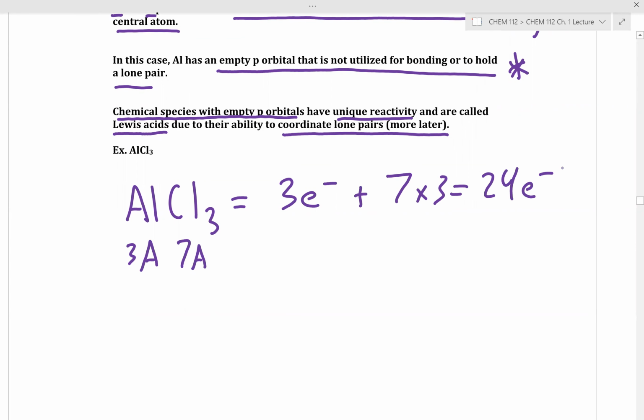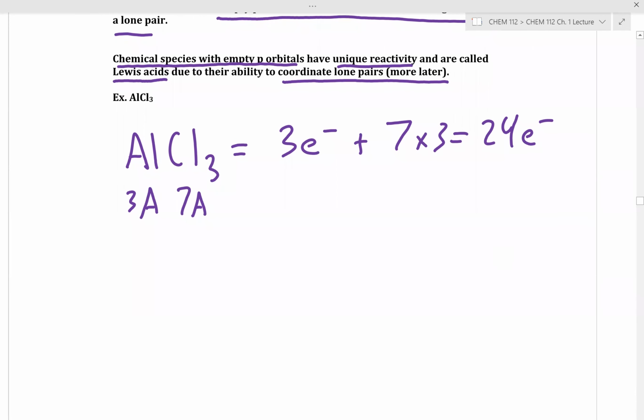What would be our central atom? What's the least electronegative non-hydrogen atom? Aluminum. Yep. So let's put aluminum in the center. We're going to surround it with each of our chlorine atoms. I'm going to put my chlorine atom here just to make things easier for the next step.